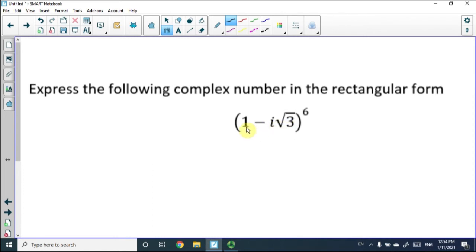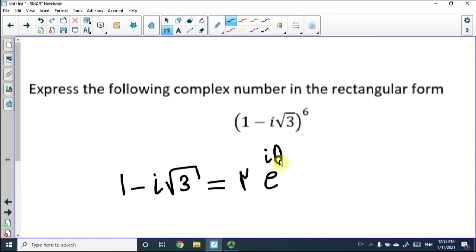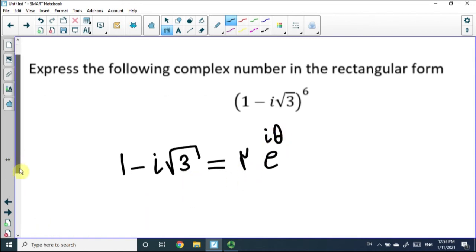Let's write the complex number using Euler Formula. So 1 minus i square root of 3 can be written in polar form as the modulus, let me call it R, times e to the i theta, where theta is the angle.